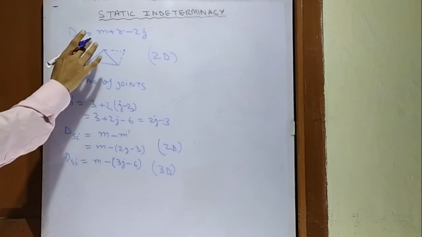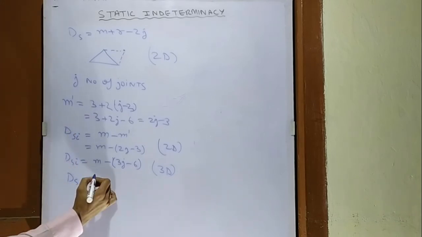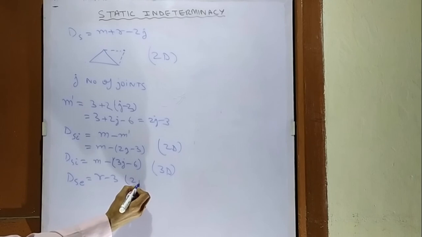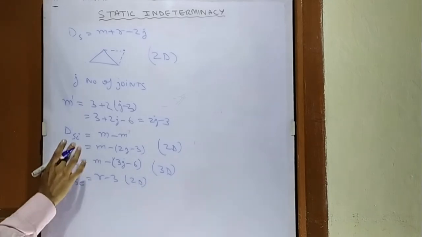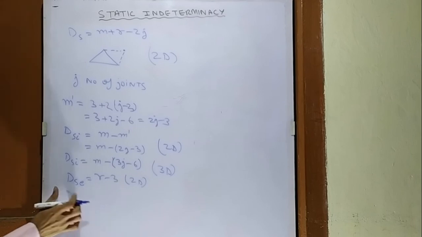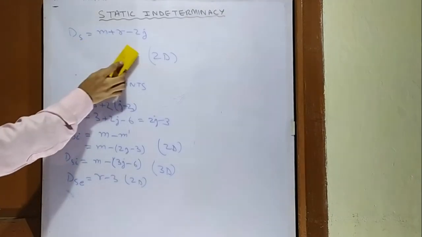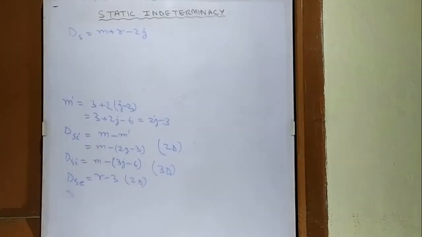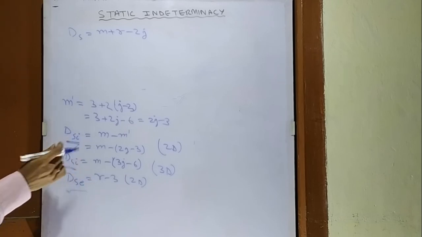Now, from how this formula comes, we know that the degree of external indeterminacy is equal to r minus 3 for 2D. So if we add up this DSE and DSI, we will just use 2D.